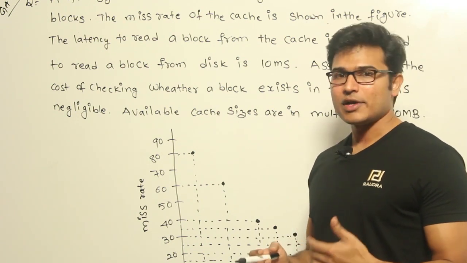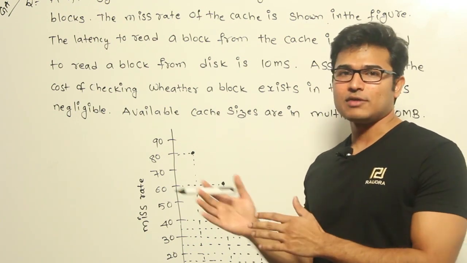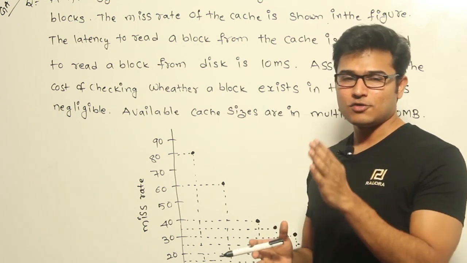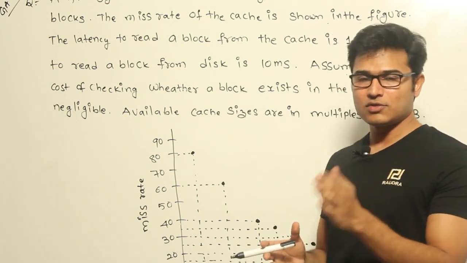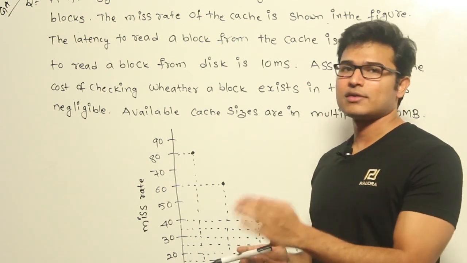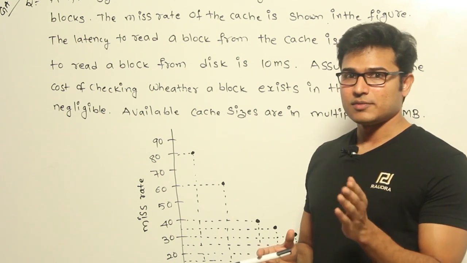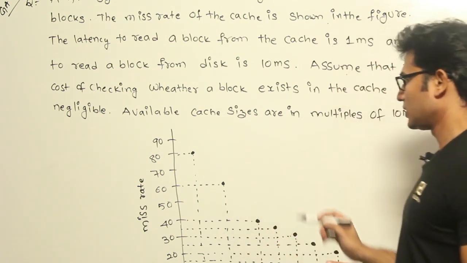Sometimes what happens is, when you have various levels of memory, we'll check whether the block is present in the fastest memory or not. If it is not present in the fastest memory, we go to the second fastest memory, like that. Okay, I'll just show you with the diagram.